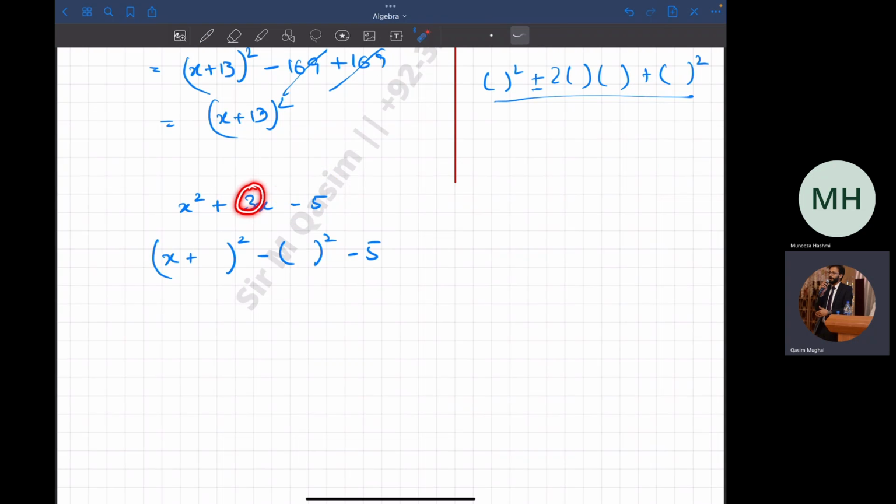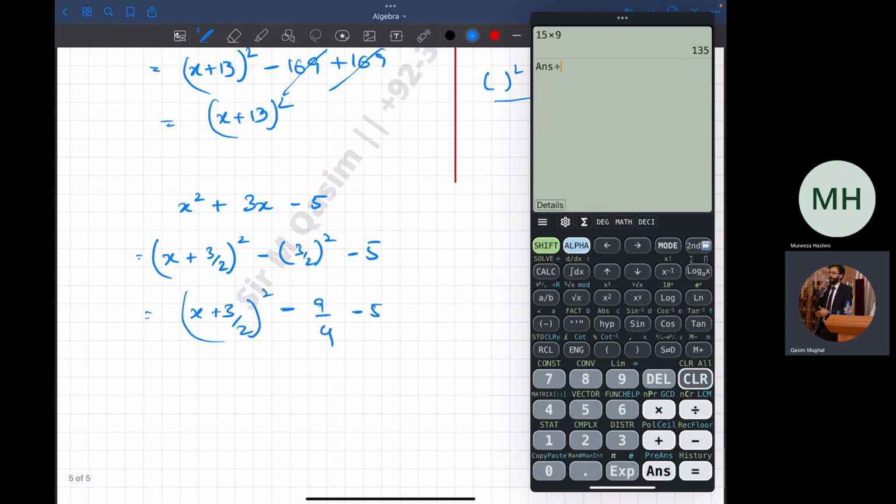Now, the half of 3 is 1.5, or simply write it down as 3 by 2.